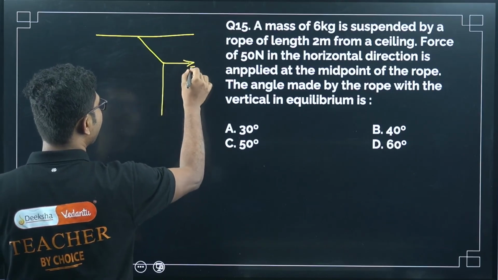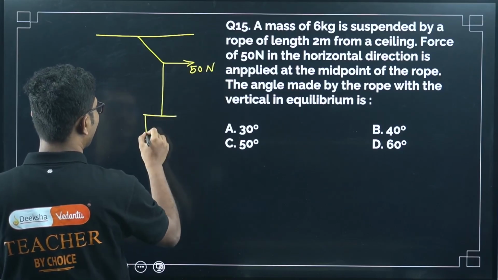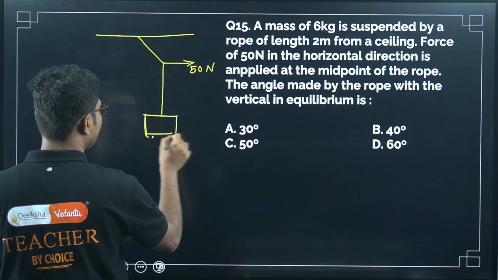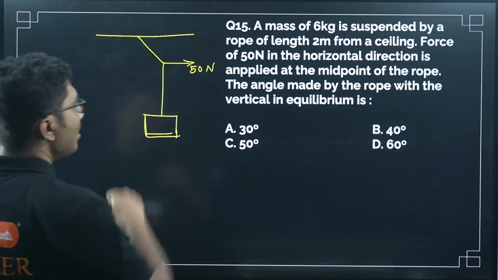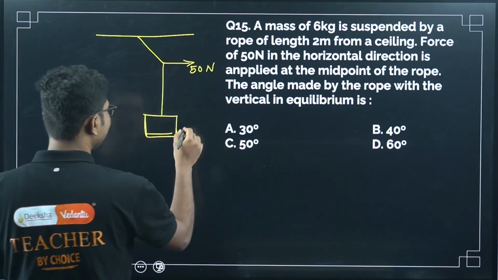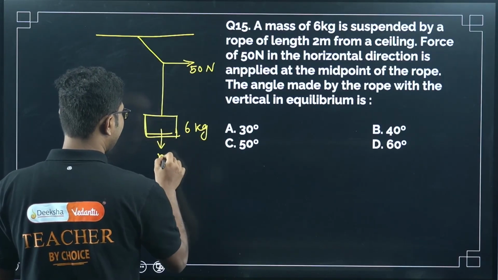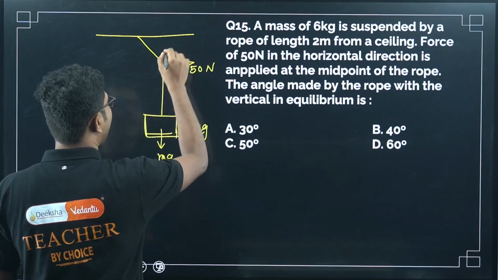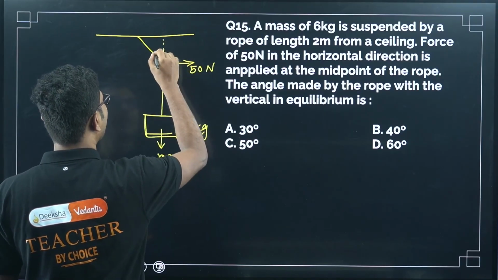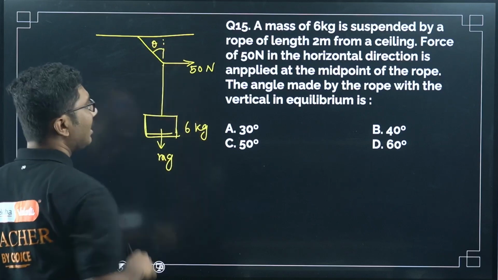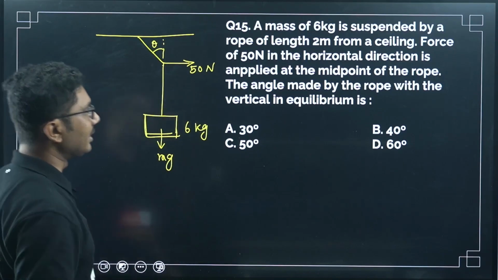This is the 50 Newton force you are applying on the rope, and the mass hanging from this is 6 kg. This is the weight mg, and 50 Newton. You have to calculate the angle made by the rope with the vertical in equilibrium.